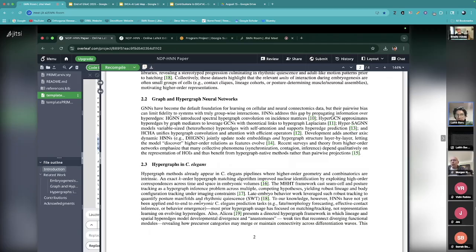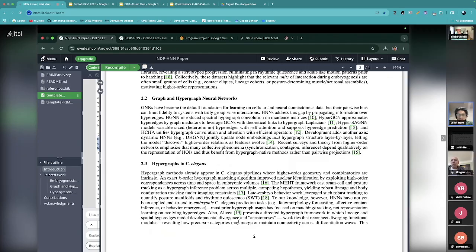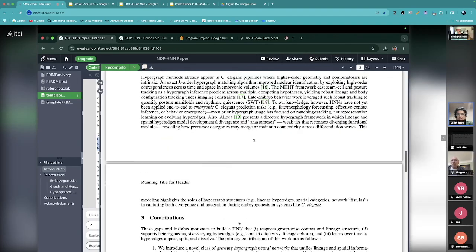I have described this, and finally I have written where our motivation comes from. I got that from the paper that you wrote in 2023 about hypergraphs. Bringing all those things together, we made a contribution list.